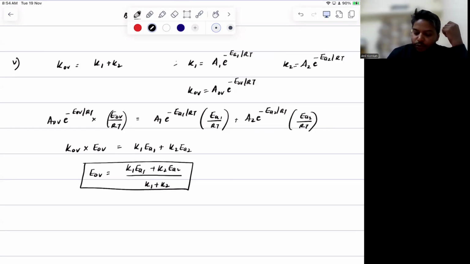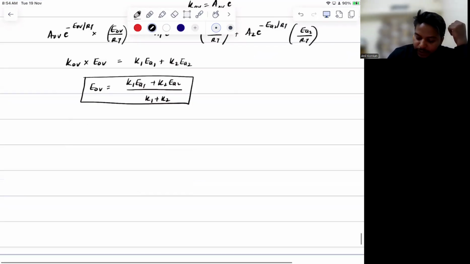Similarly, if you differentiate two times, you will get this equation: E overall square will be equal to K1 EA1 square plus K2 EA2 square, divided by K1 plus K2.